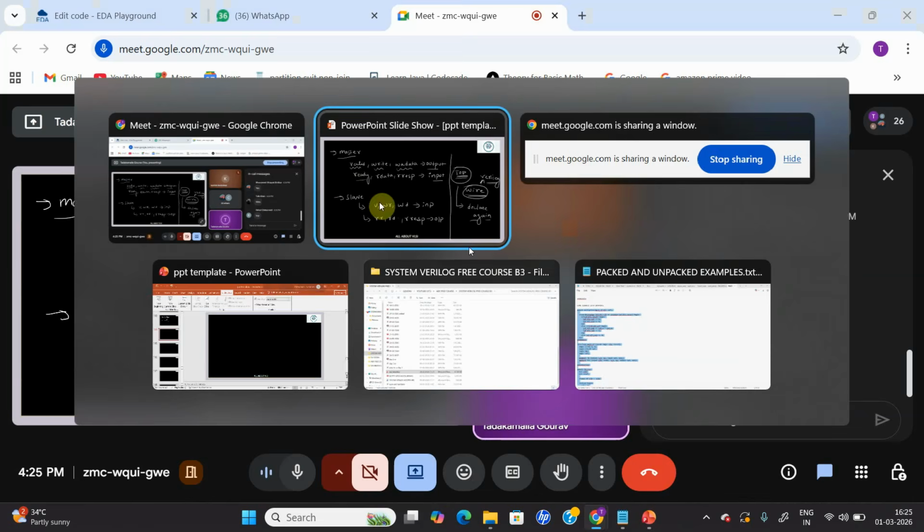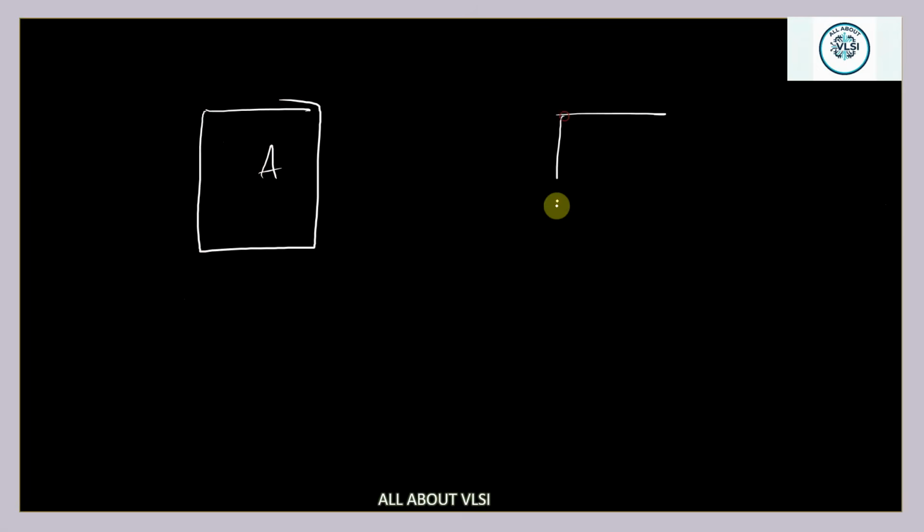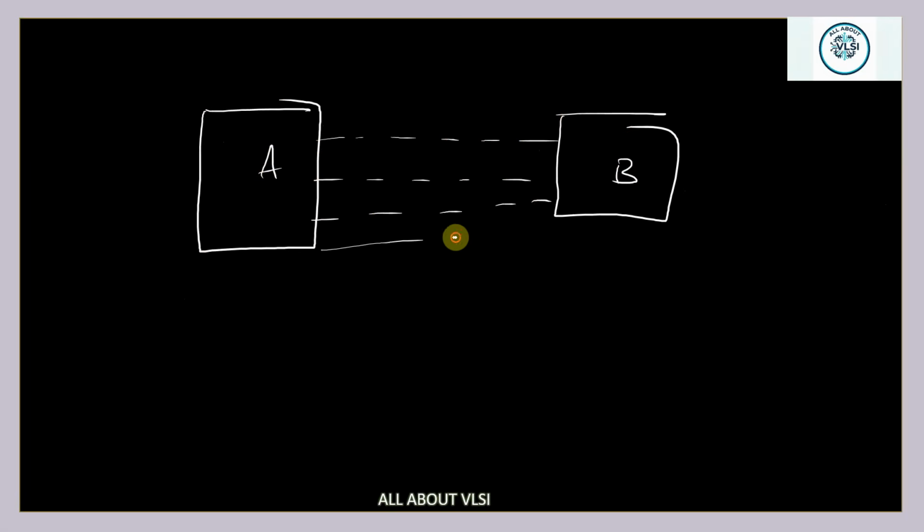Let's say I have a simple device, this is my device A. From this device A, I am getting four lines: a red line, blue, green, yellow.